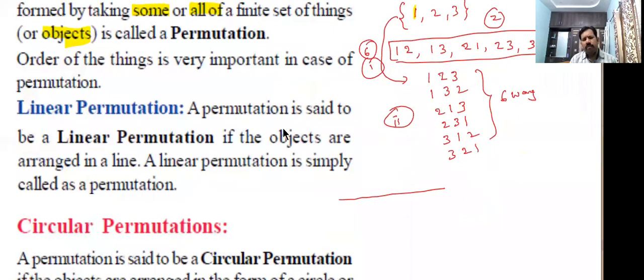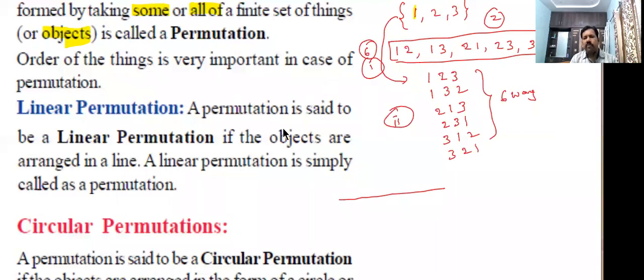Tell me one example. 10 students went to the cinema. In the cinema theater, the seats are arranged in a row. They want to sit in different ways. One particular student asks whether you want to sit in the corner or in the middle.